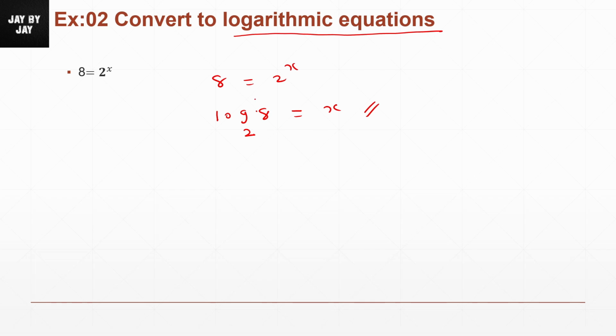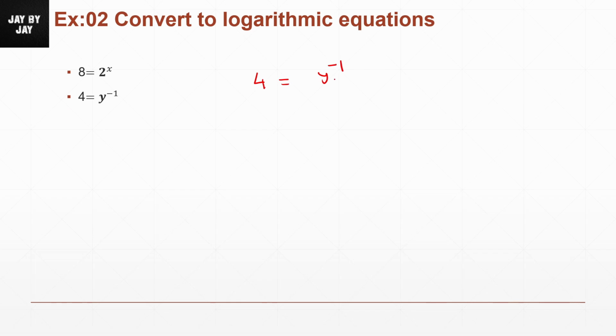Okay, next let's move to the second one. Here the question is y to the minus 1 power equals 4. It's the same as the previous one: log, y comes here as the base, 4 comes here, and the answer is minus 1.